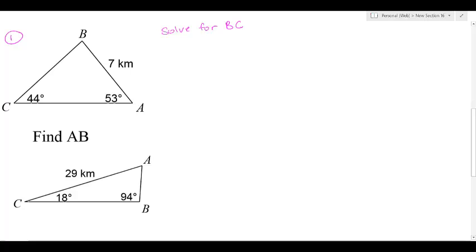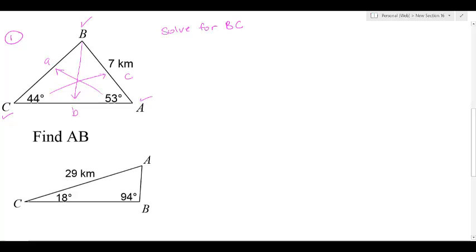Before we start, we should label our sides. Our angles are already labeled for us, but we should label our sides using lowercase. Looking at angle B, the opposite side is lowercase b. The side opposite angle A is lowercase a, and the side opposite angle C is lowercase c.